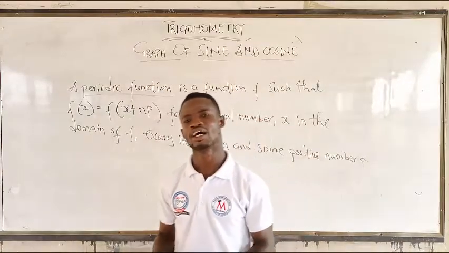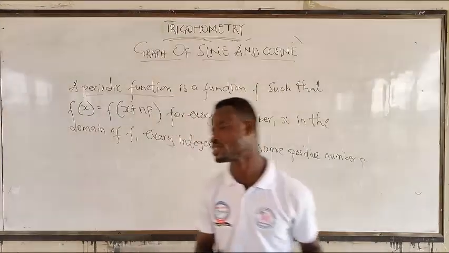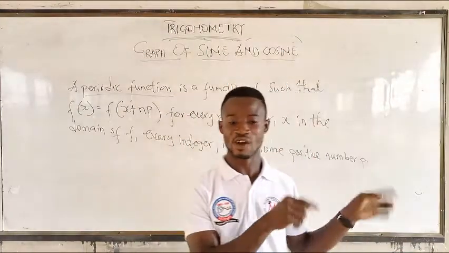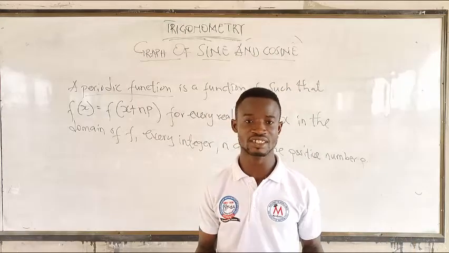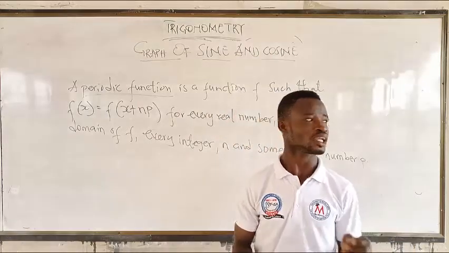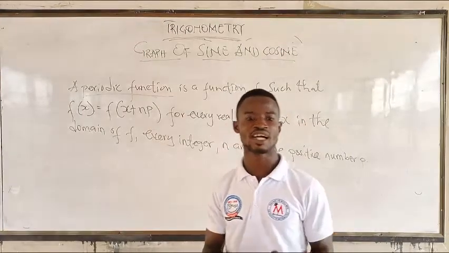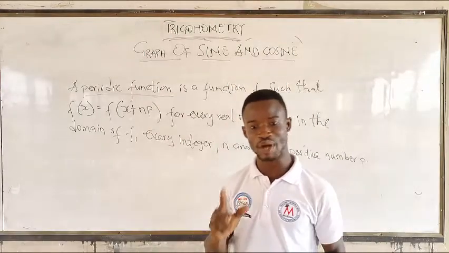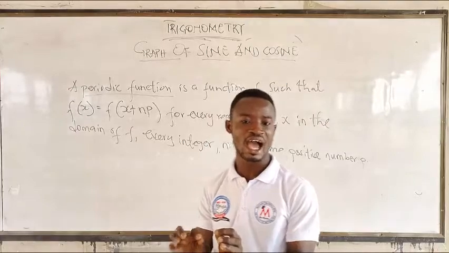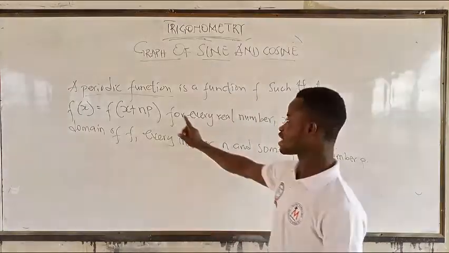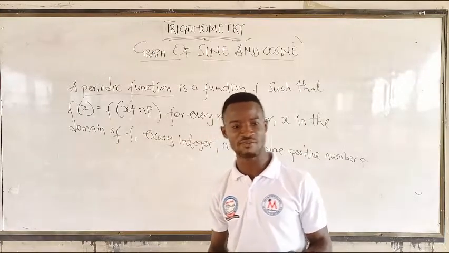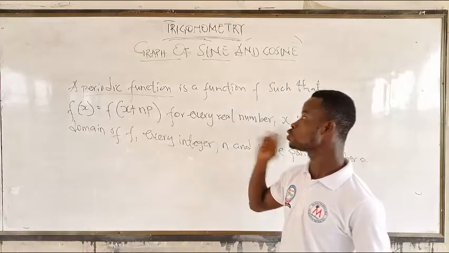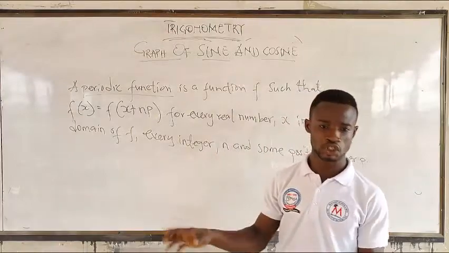Alright, so it's also important for you to take note that the circumference of the unit circle, which we learned in our previous video, is 2 pi. So the smallest value of p for which sine and cosine functions repeat is 2 pi.